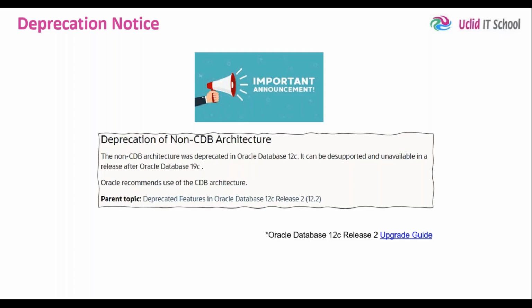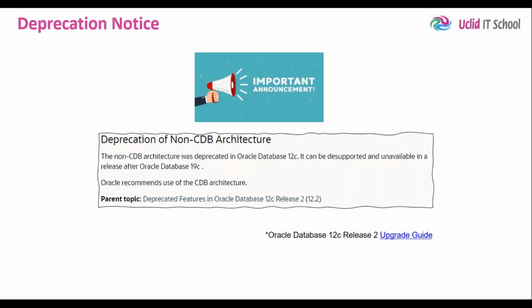So in 12.2 itself, the deprecation was announced by Oracle. It clearly states that the non-CDB architecture was deprecated in Oracle Database 12c. It can be desupported and unavailable in any release after Oracle Database 19c.